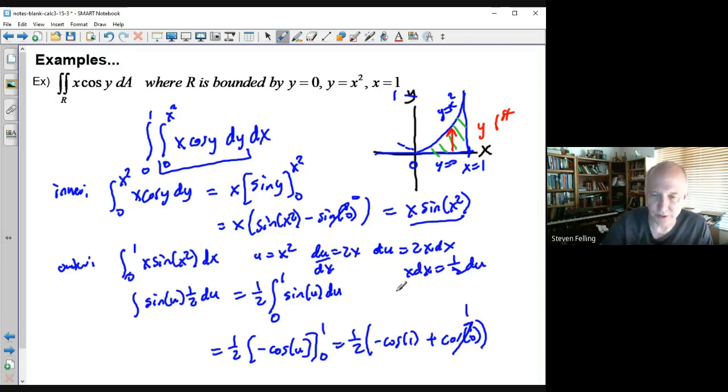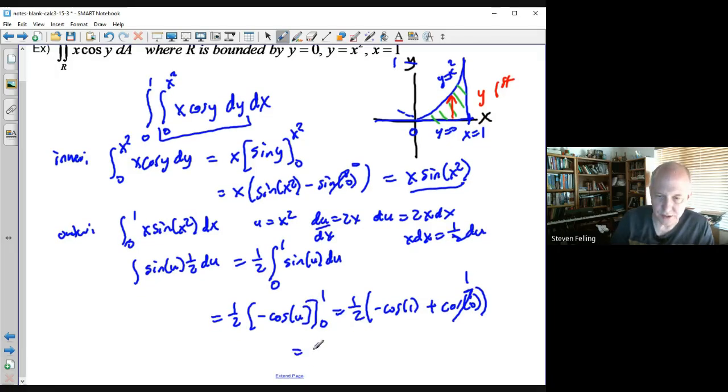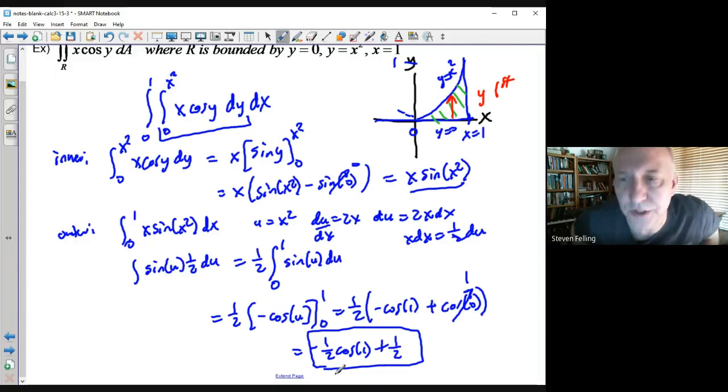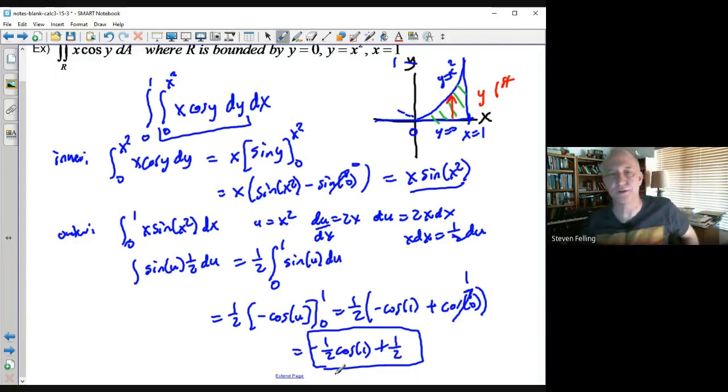So I think we could write this as just negative 1/2 cosine 1, and then plus a half. That'd be one way to write the answer. Okay. And I don't see any particular reason why the other one would be easier, so I'm going to stick with that.